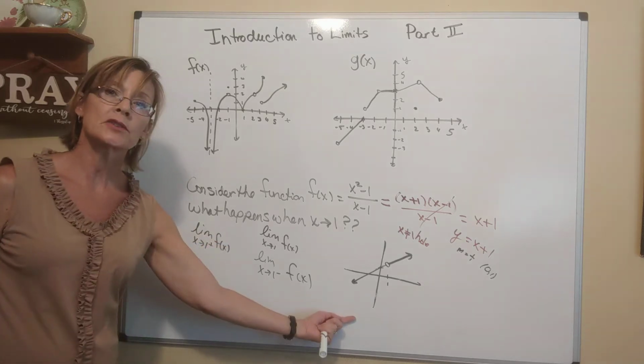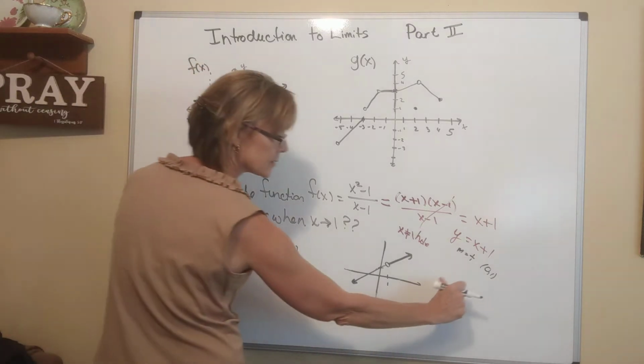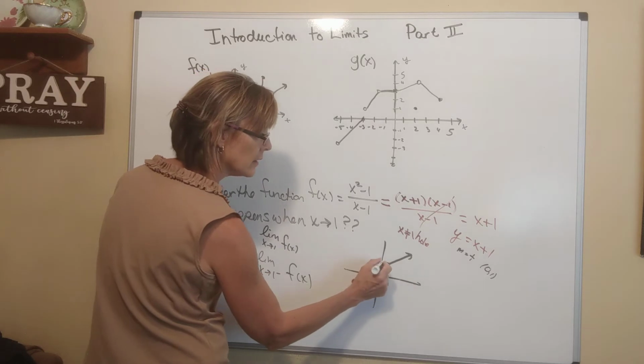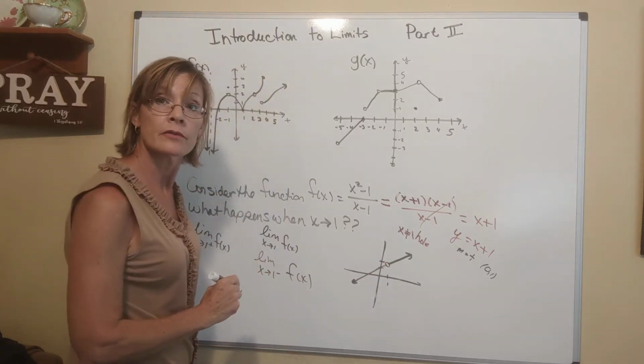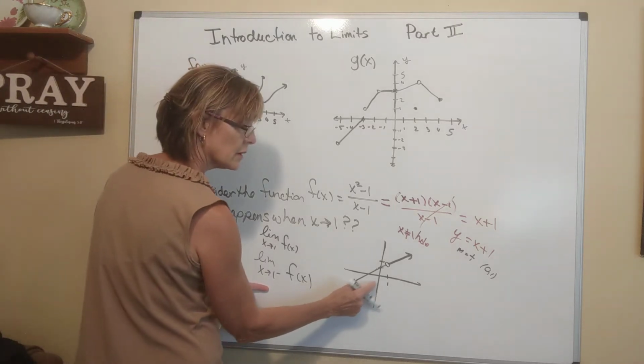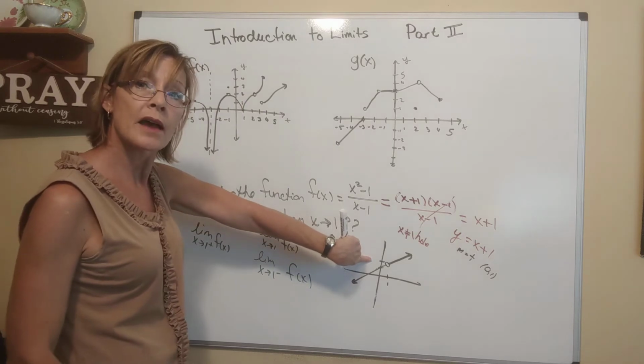Let's look at our picture. As x approaches 1 from the right, it looks like it's headed for this open circle right here. As x approaches 1 from the left, it looks like it's also headed for this open circle. The question is, what is that y value?